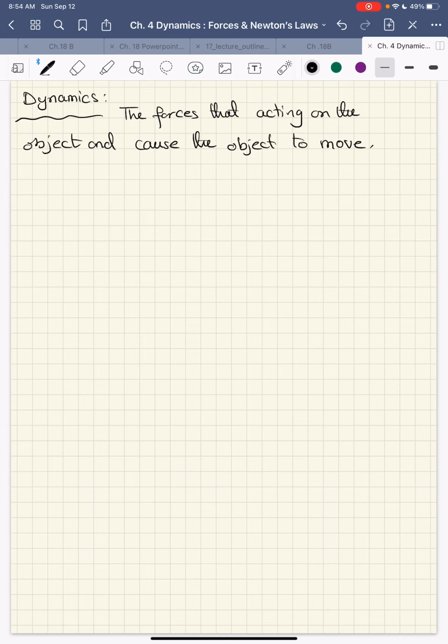And here we are going to talk about something called force. Force is a vector quantity, of course. Its definition: it is a push or a pull.